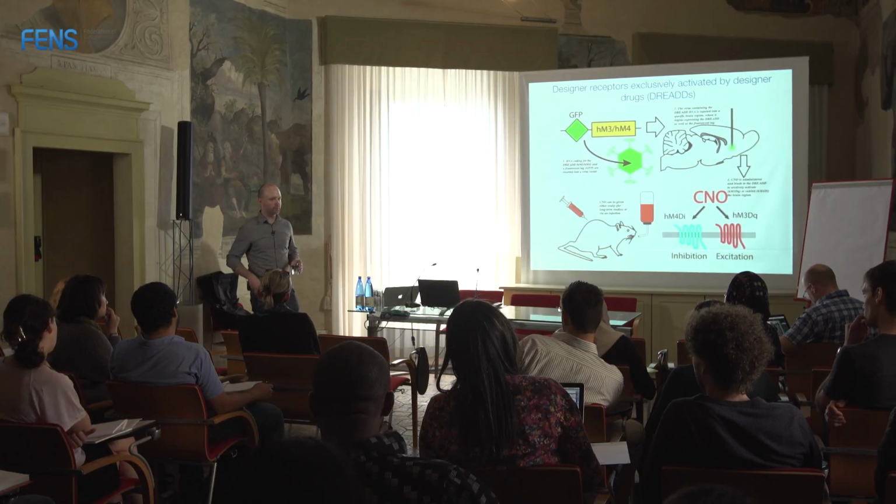In our hands, when we pulse light for very short periods of time, we don't really see signs of damage. The really short 5 millisecond pulses seem to be okay for tissue. However, if you left it on constantly for that long, it's possible that you might get heating damage and things like that. But it really depends on the amount of light that you're using. These are all important things to consider when doing these experiments, and it's important to look at the tissue afterwards to make sure that it looks relatively healthy.